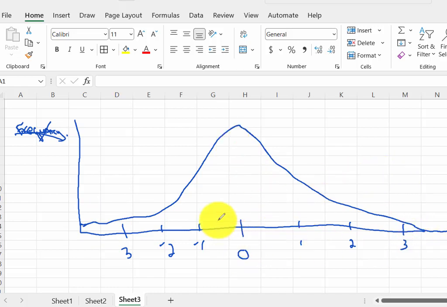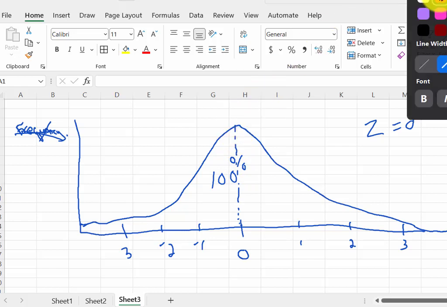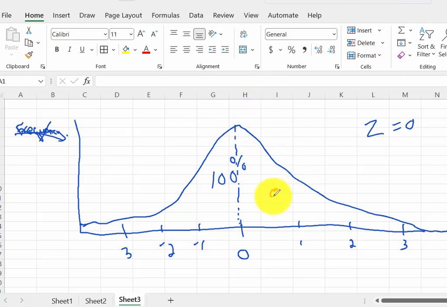But these are z-scores, and the area under this curve is 100%. Remember that. The area under the curve is 100%. So if you get somebody with a z-score of 0, that literally means you divide it in half, which means that you got 50% on one side and 50% on the other side, right?